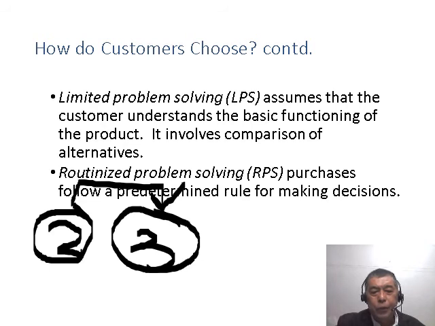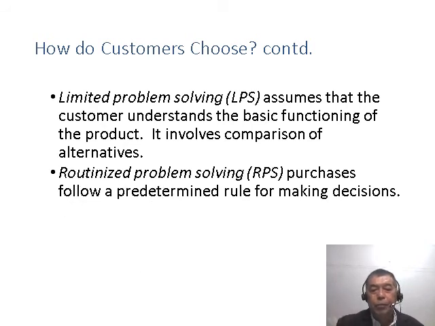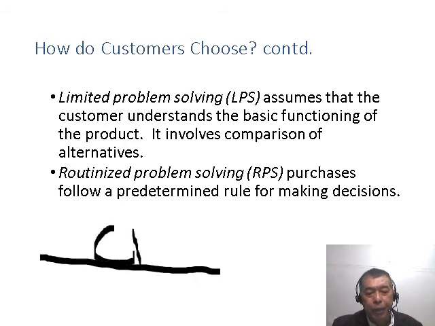And there is also what you call routinized problem solving purchases, which follow a predetermined rule for making decisions. So this problem solving aspect of how customers or consumers choose is really anchored to the consumer buying behavior process.